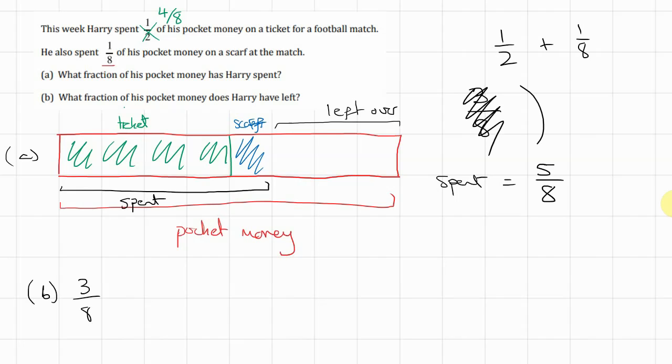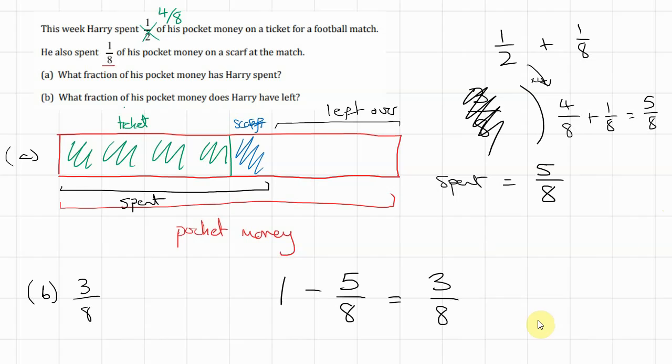A half plus an eighth would be, well, we times this by 4 to get 4/8, and then we add them together, so we get 5/8. And then for me to get 3/8, we did that skill we did a few lessons ago where we took a whole number and we took away a fraction. So we've done 1 take away 5/8, and that is how, through our diagram, we got 3/8.